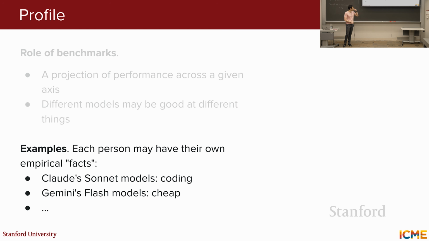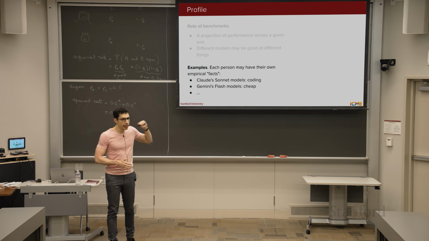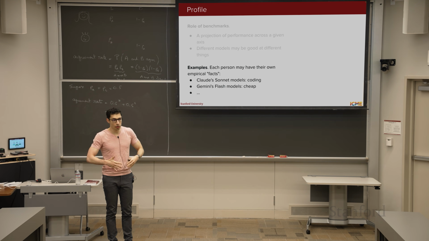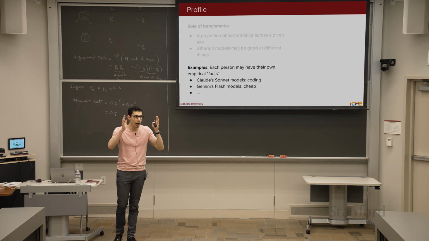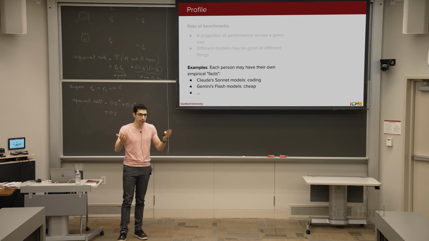If I had to give my personal experience, I know that the Sonnet models are very helpful for coding. And whenever I want outputs that are fast and cheap, Gemini Flash is usually good. But these are not by any means global recommendations. Your own use case and your own experience can guide you into having a profile of models that suits your tasks best.